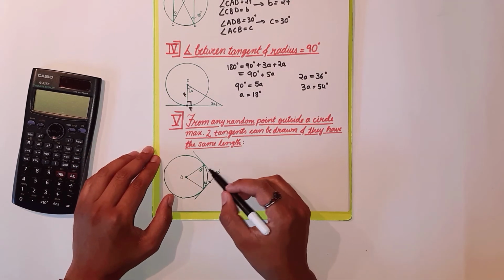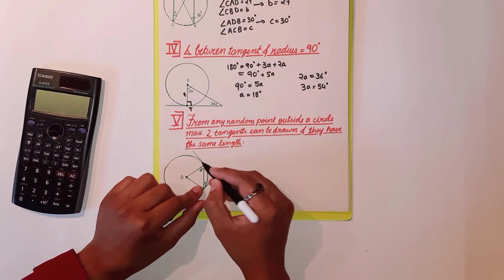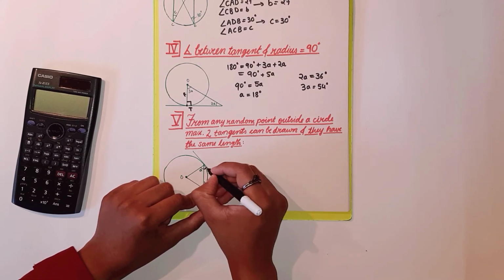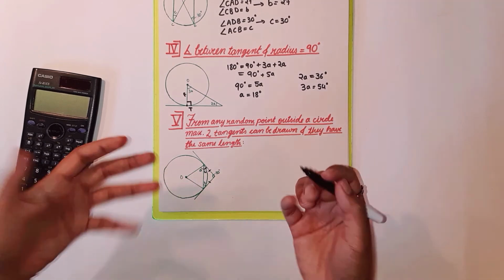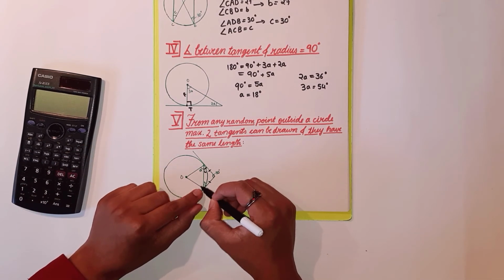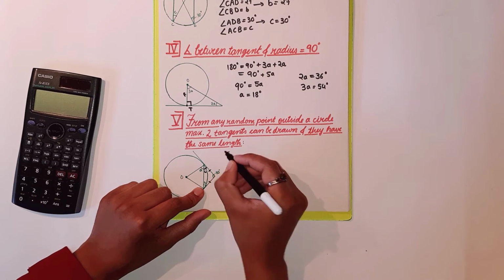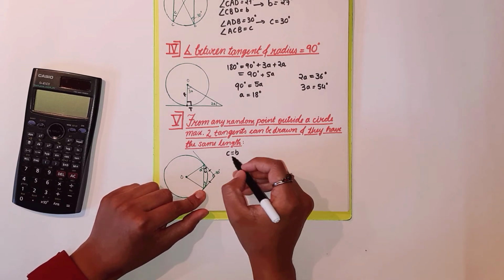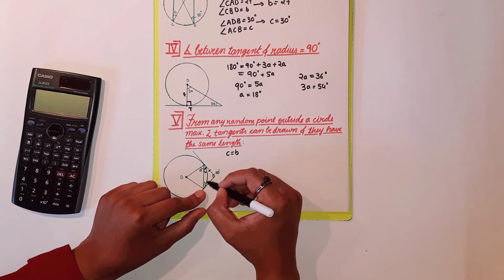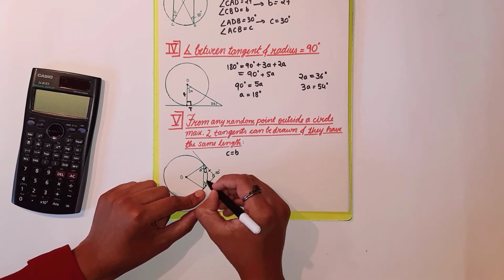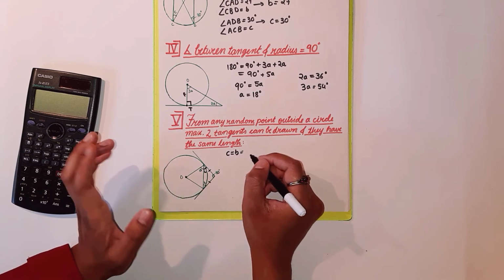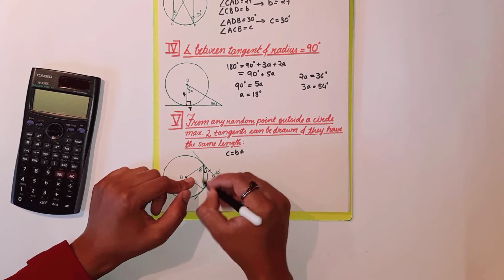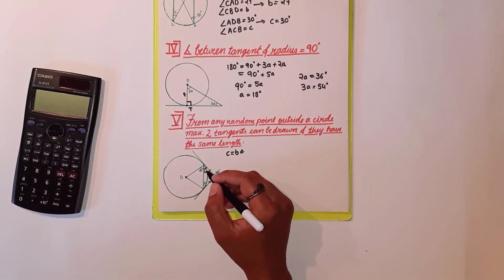Now using this property of this isosceles triangle, I'll just name this angle over here C, just for us, and we are looking for B. But we can now say that because it's an isosceles triangle, C is going to be equal to B. We know that the sum of the angles inside is 180 degrees.